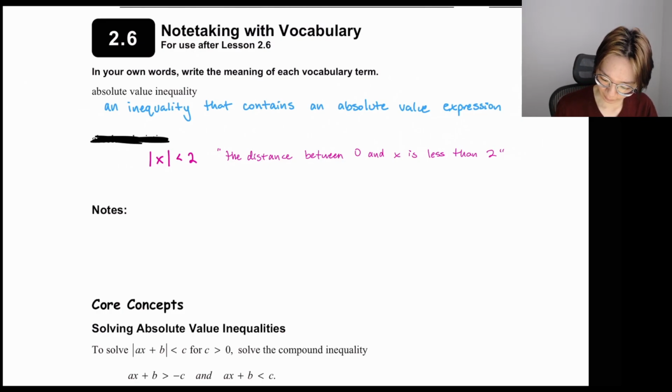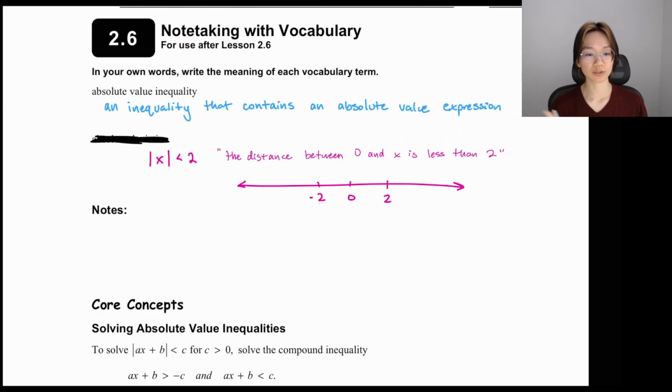If you wanted to graph that, this is what it would look like. So we have 0 here. The distance between x and 0 is less than 2. We know it can go in either direction, positive or negative, but it's less than 2, so it doesn't include 2. So open circles at 2. But it's everything in between. It could be 1, it could be 1.5, 1.9, 1.9999999.